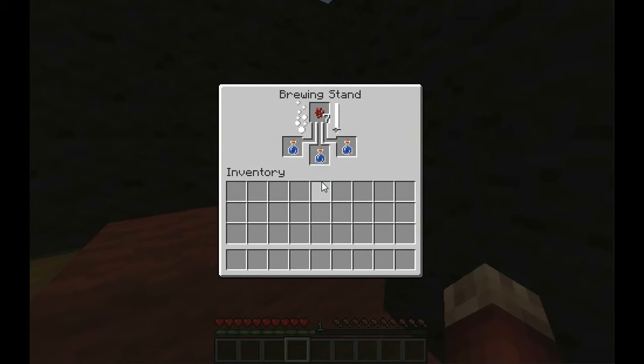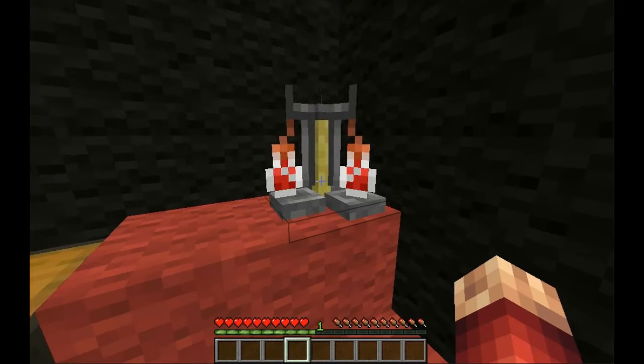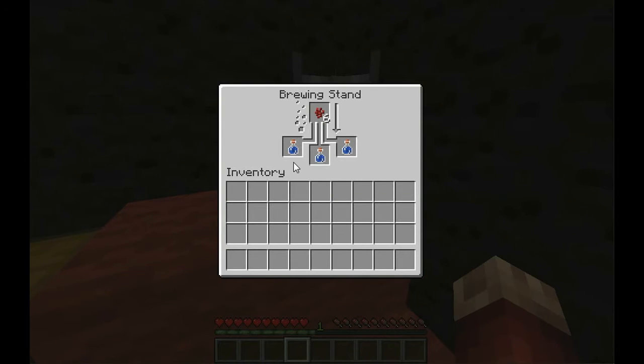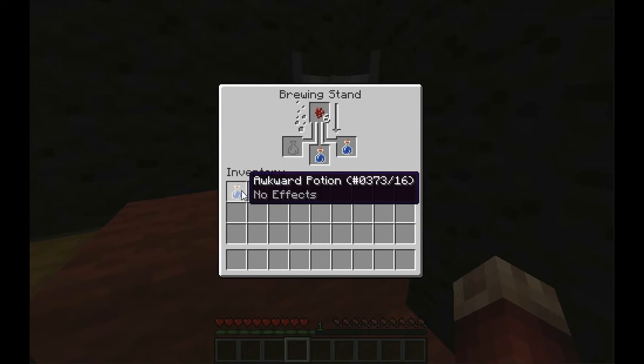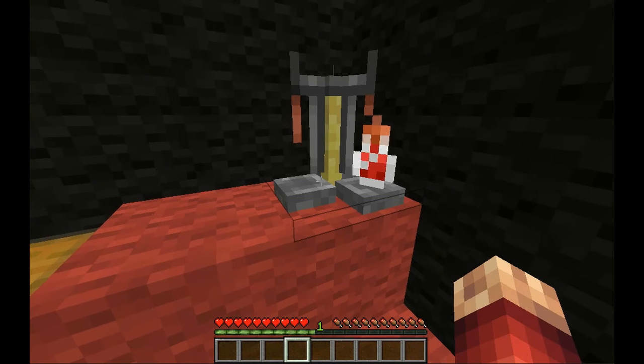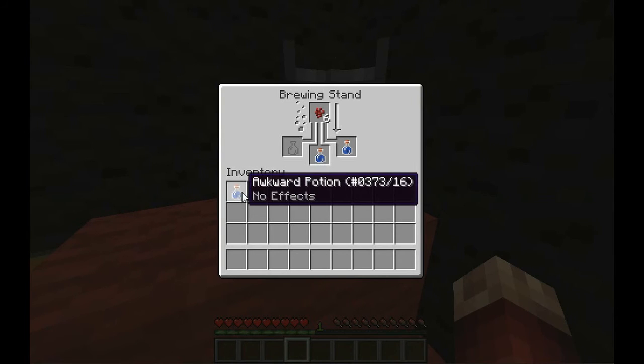It's almost done. Okay, you'll now see that it's awkward potion because it combined the nether wart with the water, which created a solution because they're chemically combined, because they underwent a chemical change because of heat, and you can no longer get them back.